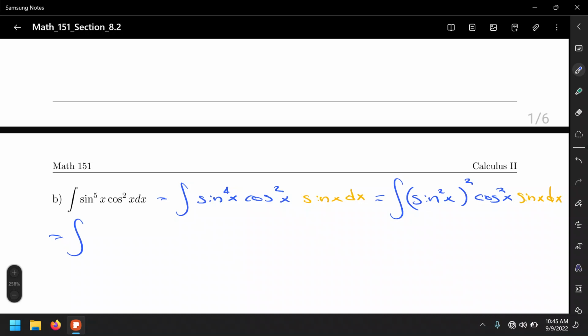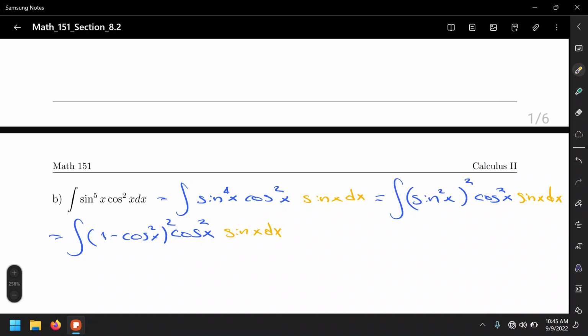So that's integral of sine squared, which is 1 minus cosine squared, quantity squared, which is this term, times cosine squared x, times sine x dx.